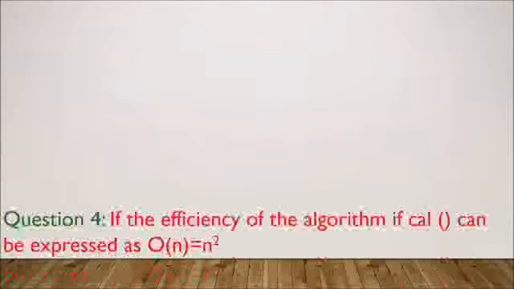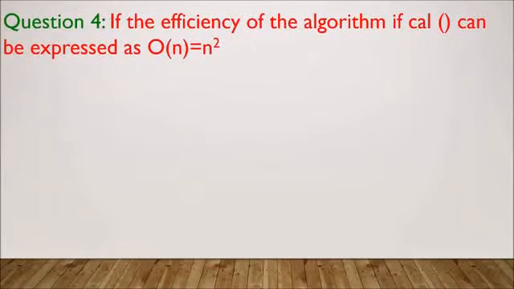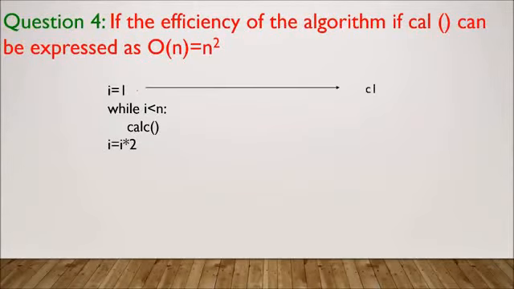The fourth program: to calculate the efficiency of the algorithm, it uses one predefined function, calc, which has efficiency n square. This is the first statement. It will be executed in, suppose, C1 time. Now this while comparison again takes C2, and this comparison will be executed how many times?